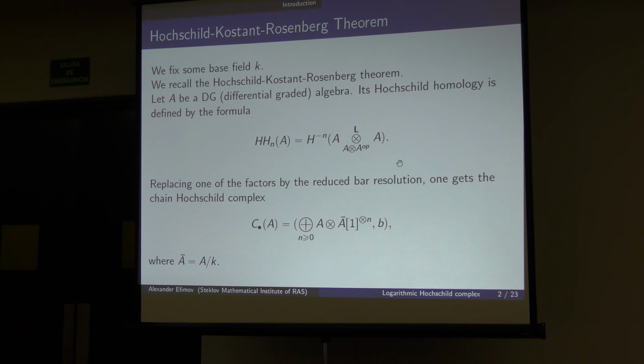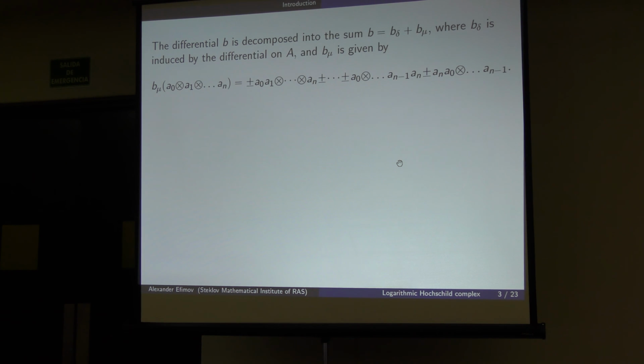Well, I'm taking the reduced one; it's just more convenient. So it's made up of tensor powers of A, with the appropriate shift, and the differential has two components.